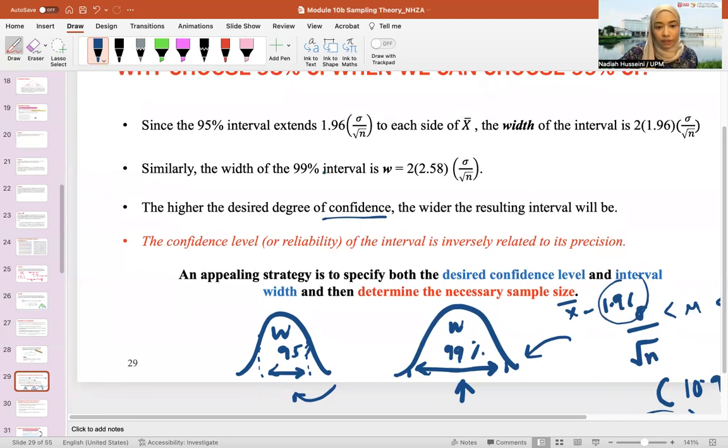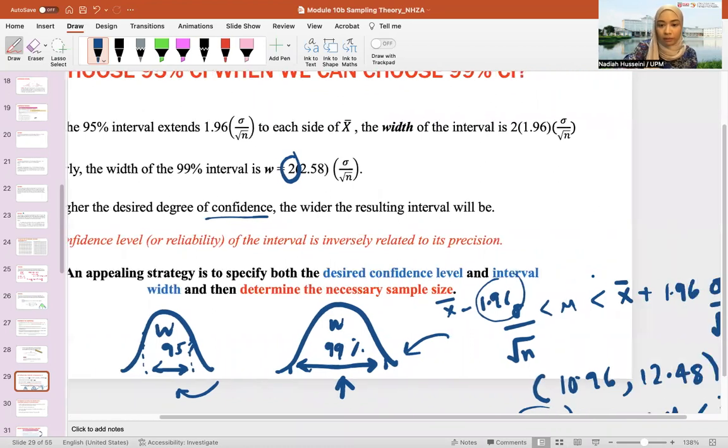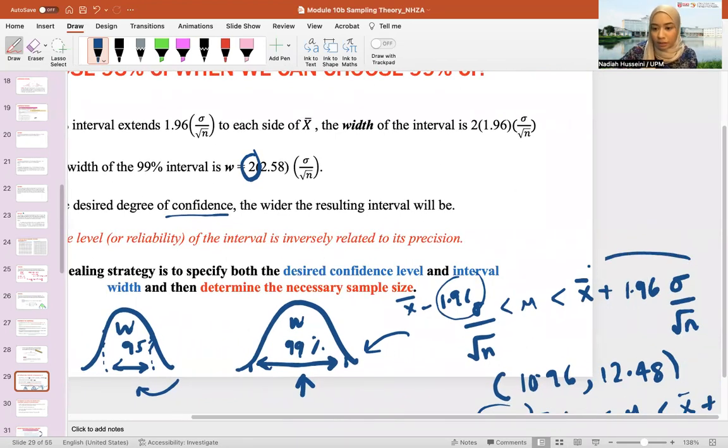Similarly, the width of the 99% interval, W, equals 2 times 2.58 times the standard deviation over the square root of n. You have this 2 here because, of course, you are talking about both sides, this side and this side.